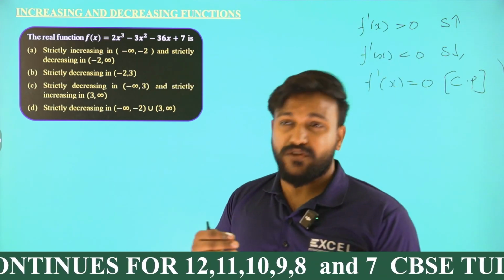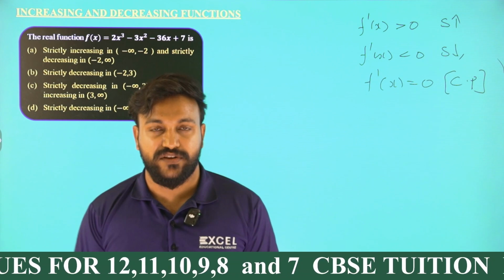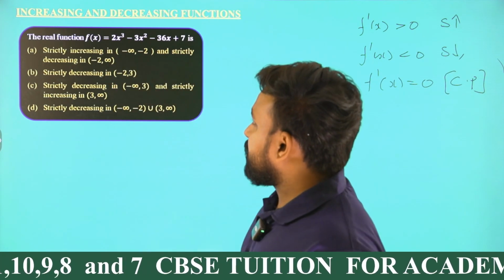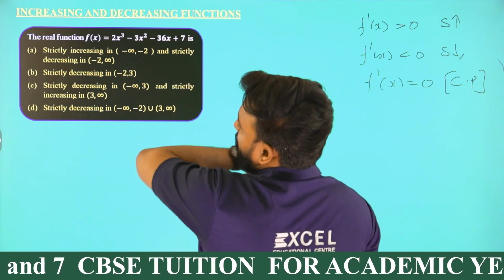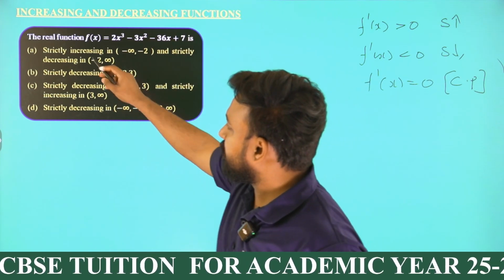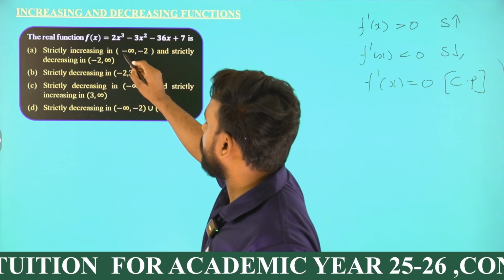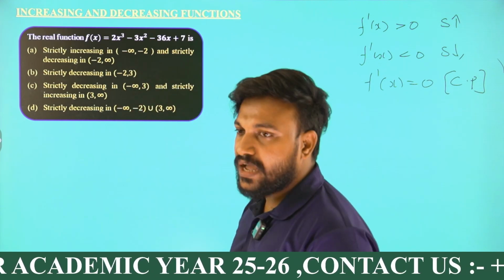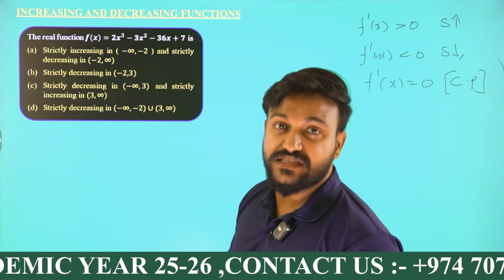If the question is a little more complicated, then only you need the point of inflection and other things. So listen, the real function f of x equal to this, they have given a function, then strictly increasing in this interval, they have given more options. So I'm going to find at which interval this function is increasing and decreasing.